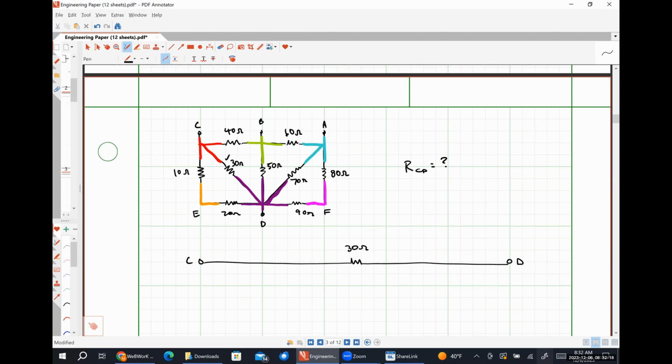All right. So what's the next easiest way that I can get from node C to node D? I think it's going through node E. So I'm going to put node E here in the middle, and I can go from C to E through the 10 ohm resistor. And then I go from E to D through the 20 ohm resistor.